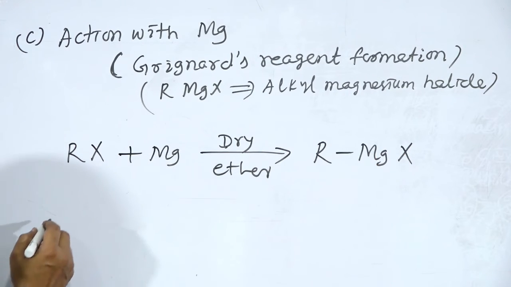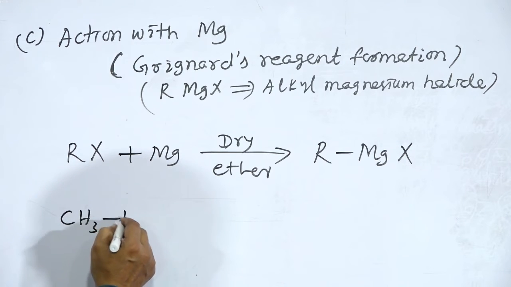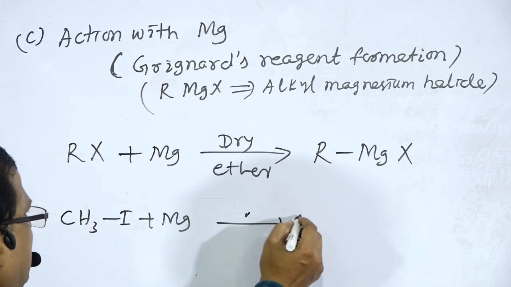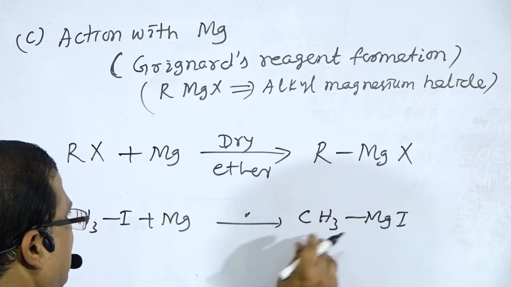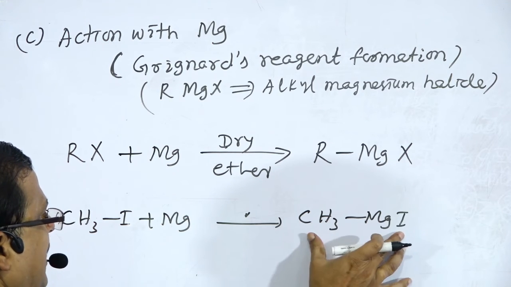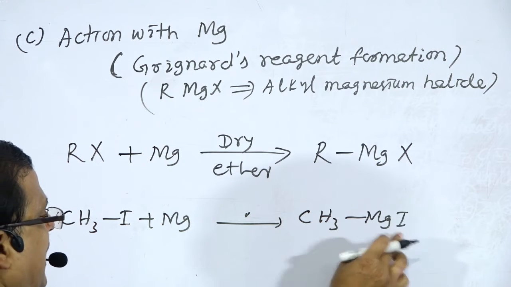For example, CH3I plus Mg in dry ether forms CH3MgI, methyl magnesium iodide. RMgX, that is Grignard's reagent, methyl magnesium iodide.